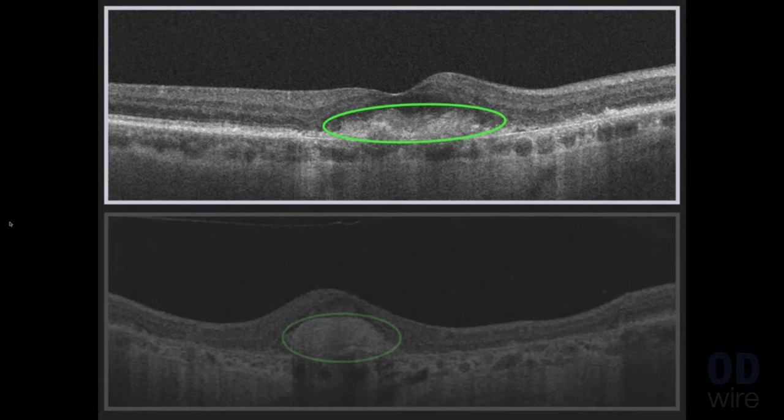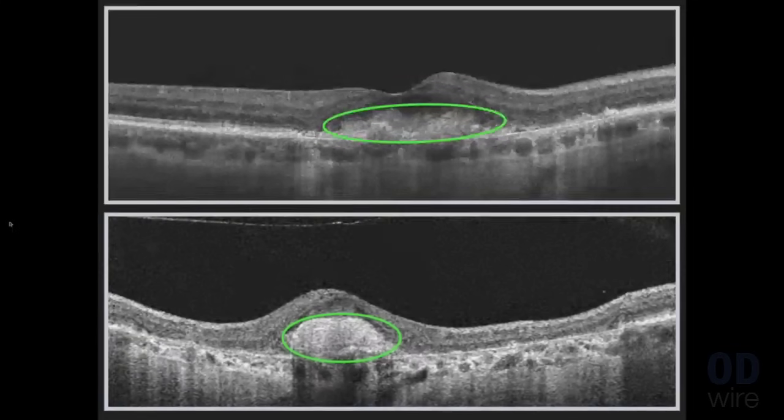In this area above, where we've got amorphous subretinal hyperreflective material, we have an area of active choroidal neovascularization. This is a patient that will need to be actively treated with anti-VEGF, vascular endothelial growth factor, medications to treat their active choroidal neovascularization as diagnosed on OCT by the presence of amorphous subretinal hyperreflective material.